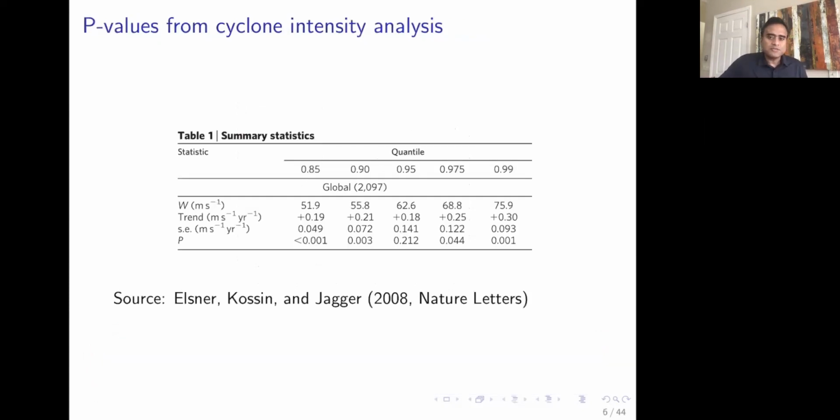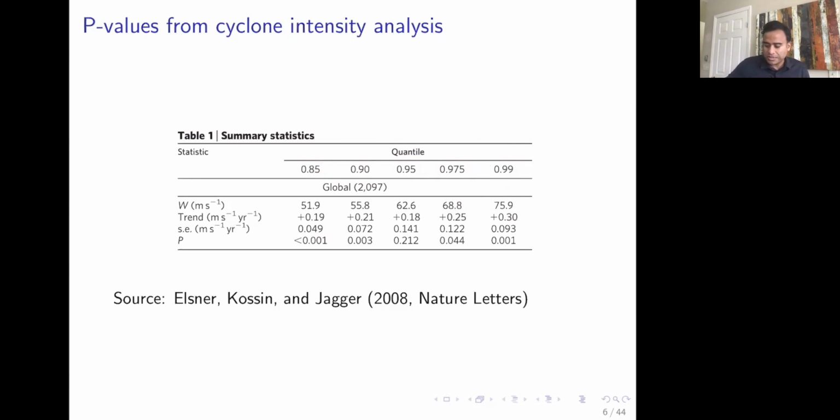And in terms of inference, this is a very typical thing you would see. This is still going on with the tropical cyclone example in the North Atlantic. What we see here is a table with 5 different choices of the quantile level, probing the right tail. You're looking at the strongest hurricanes or the extreme distribution of strength.